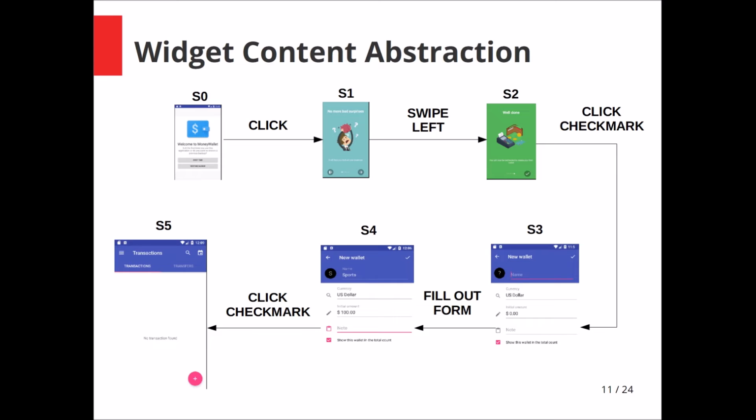This leads to six states, S0 to S5, where S4 is different from S3 because the text inputs are distinct.